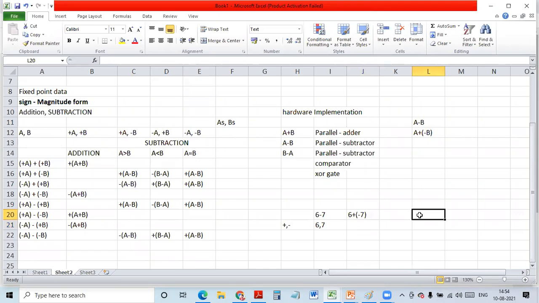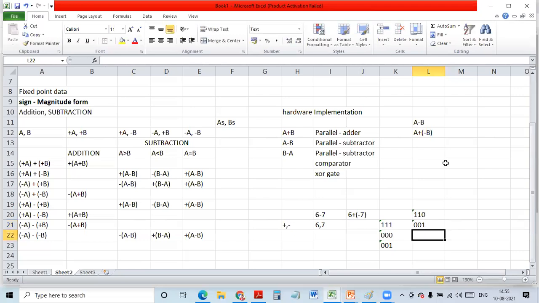What is 6? It is 1, 1, 0. And what is 7? 1, 1, 1. For its 2's complement value, first take the 1's complement and then add 1 to it. Then I'll get 0, 0, 1 as the 2's complement of 7. So minus 7 is nothing but 0, 0, 1.